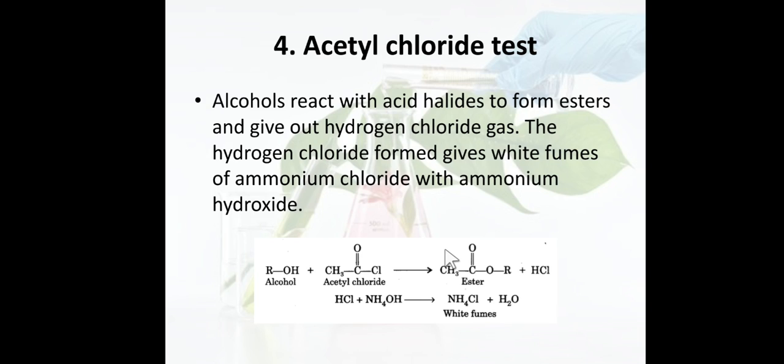These white fumes of ammonium chloride are the confirmation for the presence of alcoholic OH group in the natural product. So it is a simple test, you can perform it in any laboratory.